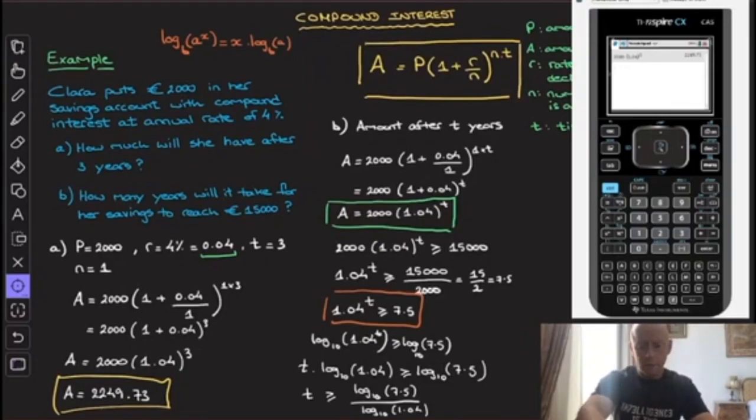But this calculator, by default, if I just go ahead and type log, so I go L, O, and G, there we go, log, open up a pair of parentheses, and I write 7.5. Notice that I haven't specified a base here. And I divide that by log of 1.04, and I type enter.